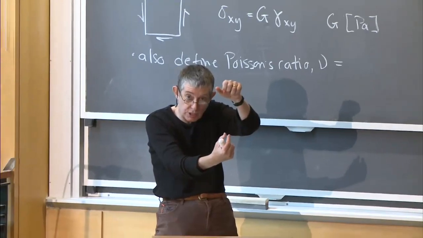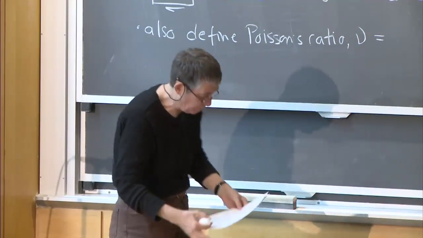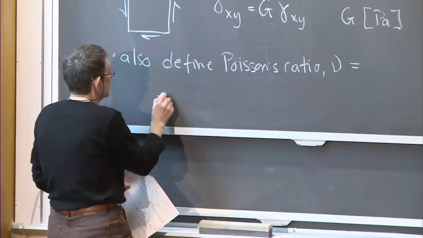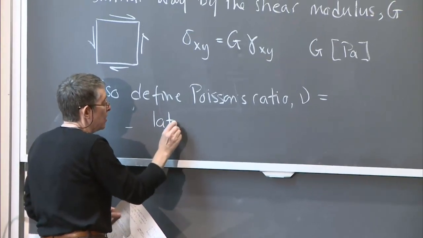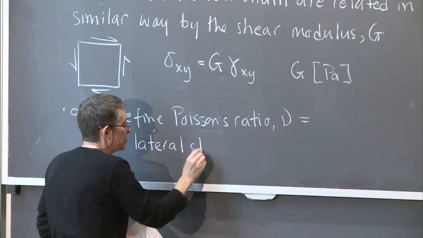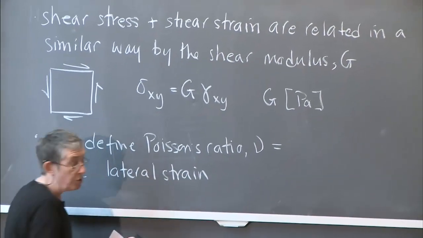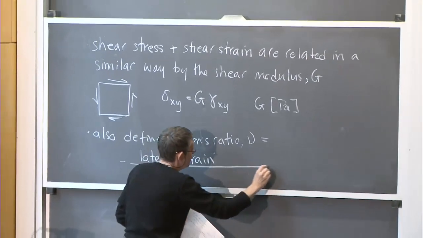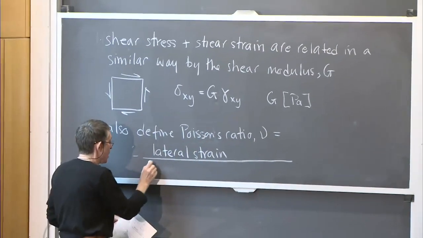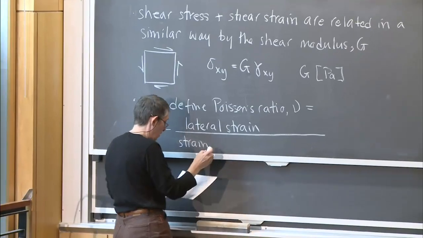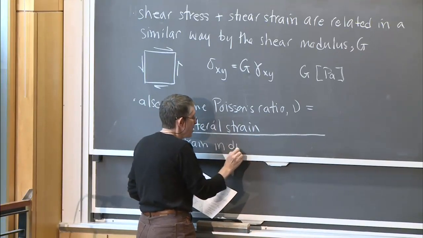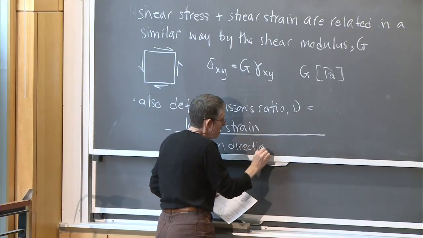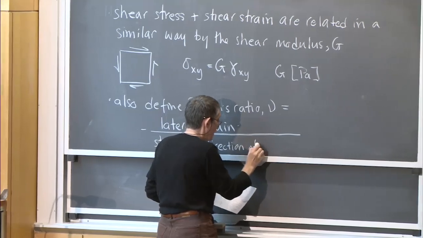So if I make it a negative ratio, I end up with a positive value for that. So I'm going to say it's the negative, and I'm going to call it the lateral strain. So the strain in a direction orthogonal to where I'm applying the load. So the lateral strain divided by the strain in the direction of the applied uniaxial stress.